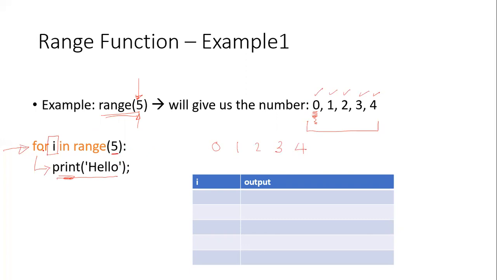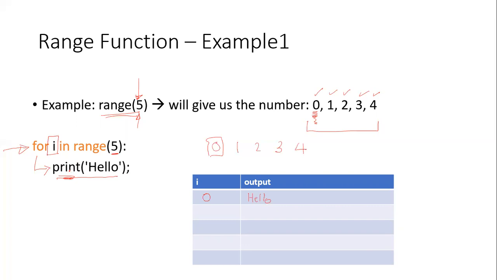So what's the first value that I is going to take on? It's going to take on the 0. So I is going to have the value 0. And then you go into the for loop and execute the statement. Print hello, that's output. So that is going to print the word hello when I was 0.